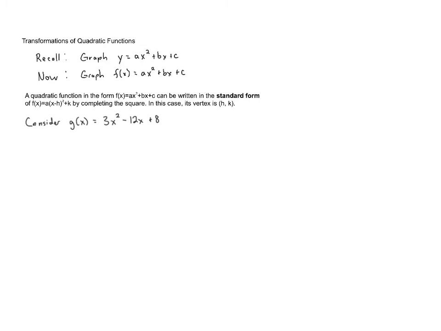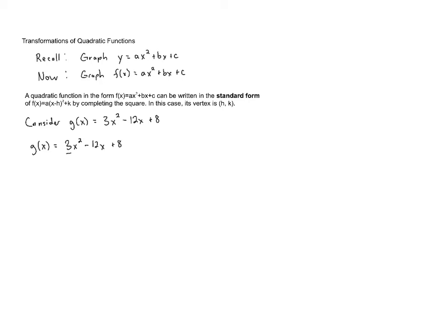What I want to do is I want to complete the square here, and then we'll be able to see what the vertex is and how this function is a transformation of the original function f of x equals x squared. So what I want to do is complete the square. This will be a little bit different than we've seen before because we have a leading coefficient, but I'm going to walk you through it so you can see exactly how it works.